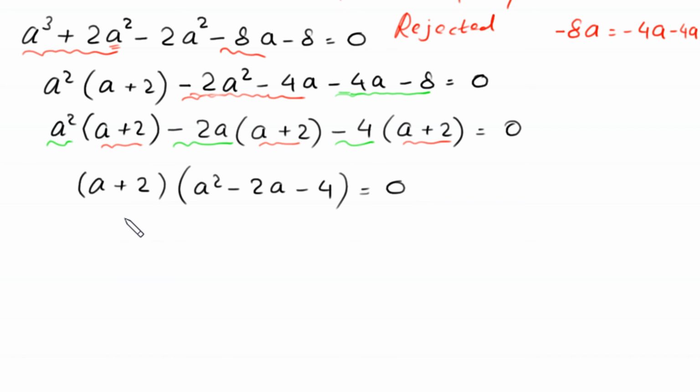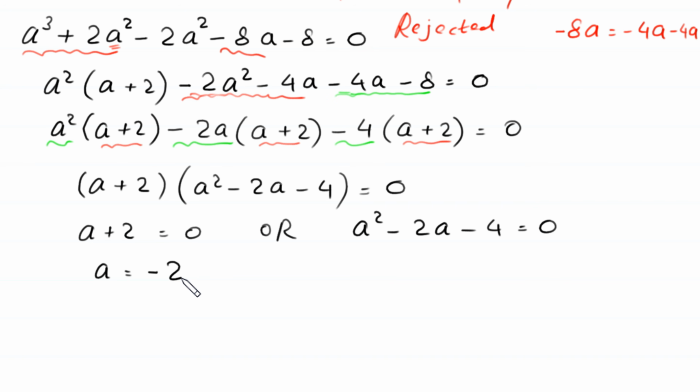From here either this expression a plus 2 is equal to 0, or this expression a squared minus 2a minus 4 is equal to 0. From this equation we get the value of a is equal to negative 2. And this quadratic equation is not factorable, so we solve it by quadratic formula.